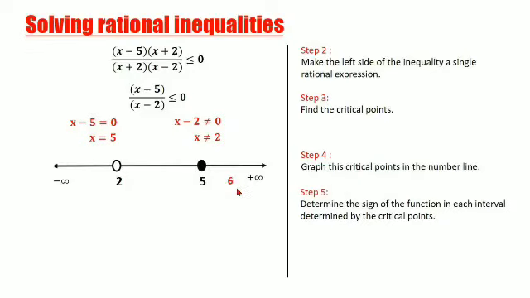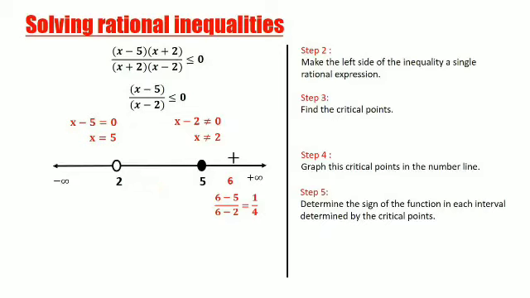And then this 6 should be plugged into our rational expression here to find the sign of the function. So we have 6 minus 5 all over 6 minus 2 is equal to 1/4. Now observe that the sign of this number is positive. Then put it here. Next, between this interval 2 and 5, let us select a number.